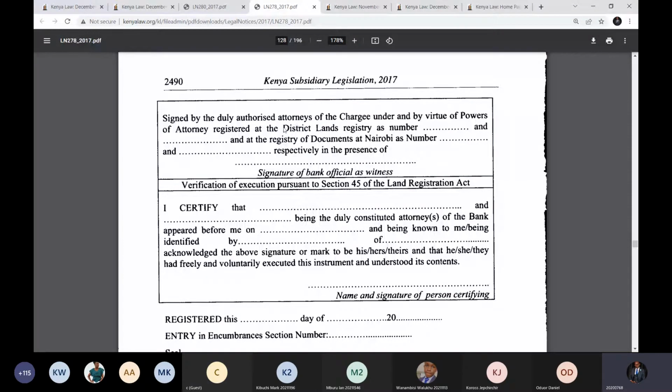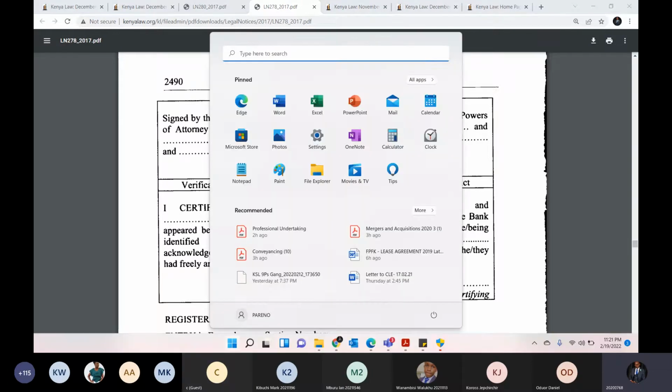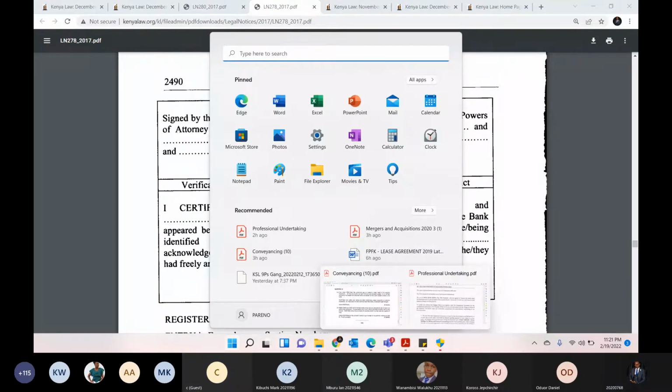Sorry, I hadn't seen this bit. So by guys who have the powers of attorney, the duly constituted attorneys of the bank. That is how it's properly executed, together with the signature of a bank official as witness, or maybe the advocate for the chargee. So that's how the chargee executes documents or charge documents.